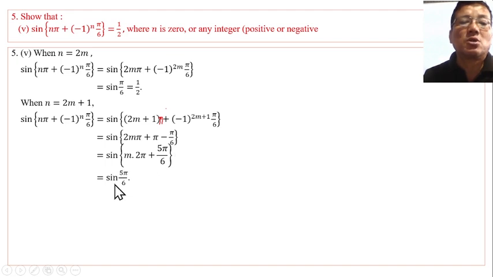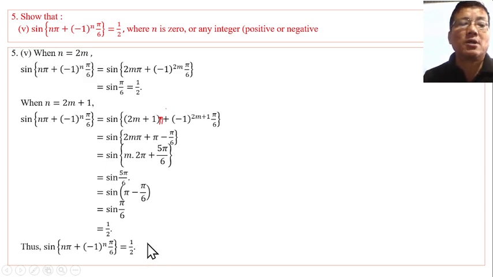Sum of the sin of this letter, pi minus pi by 6, and upon pi already sine second quarter will sine plus sine 60, the half letter or a half, assuming this equal to this, hence proved.